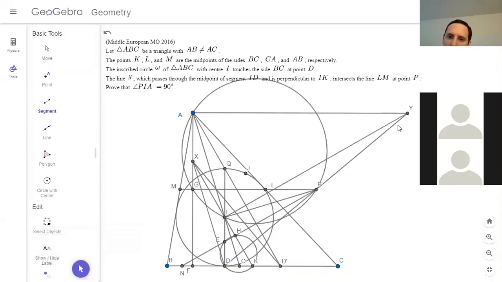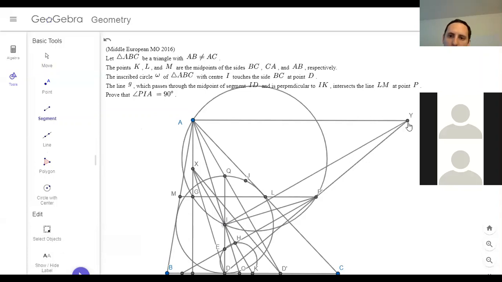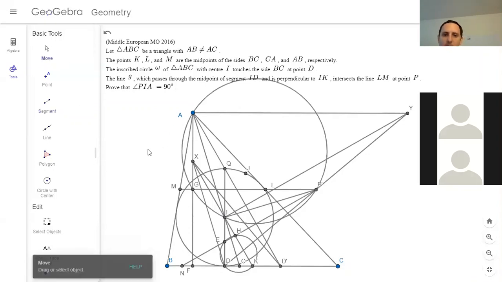Yeah, I guess I must have just gotten confused. Yeah, no, they're parallel.